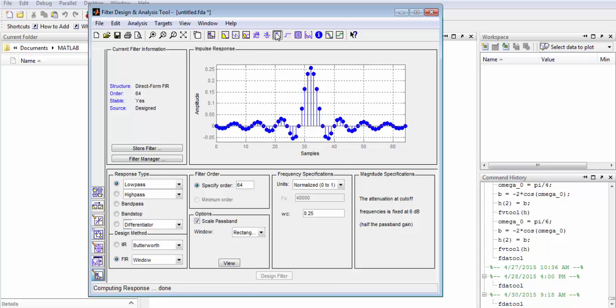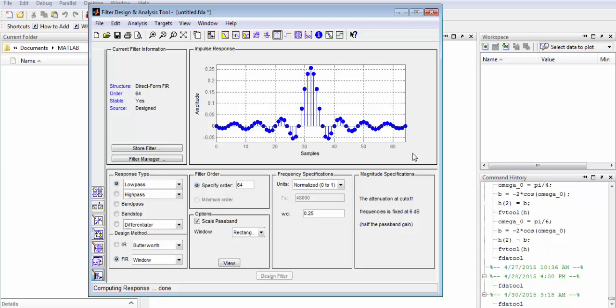Now you can go and look at the impulse response, and you see that indeed the impulse response looks like a cut-off sinc, which is what we were designing. We took our sinc, we shifted it to 32, right? And then we just cut it off before 0 and after 64. So this is what your impulse response looks like, exactly like a sinc.